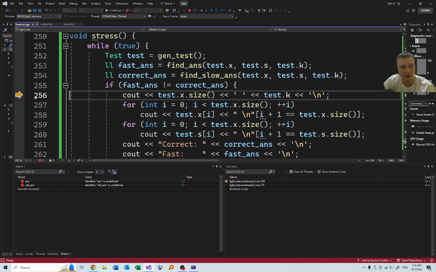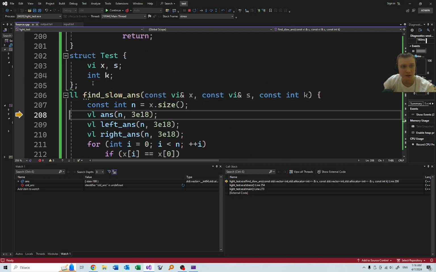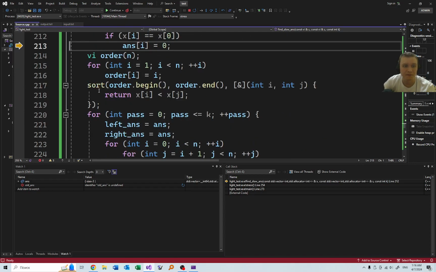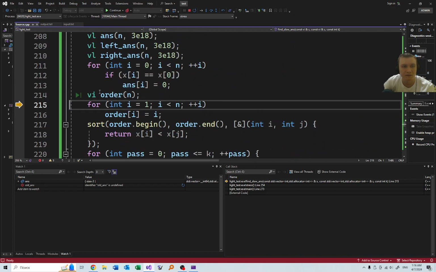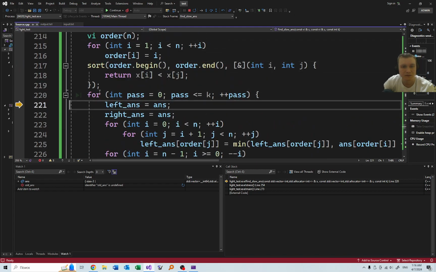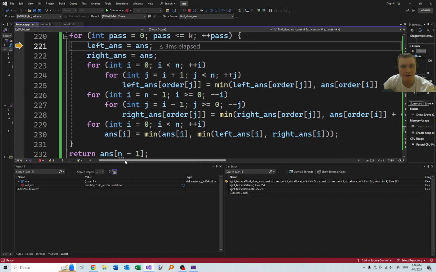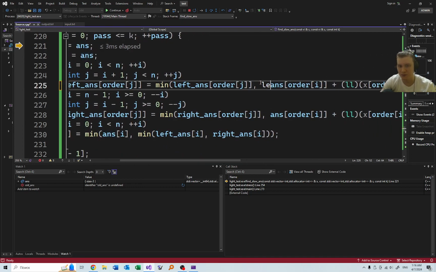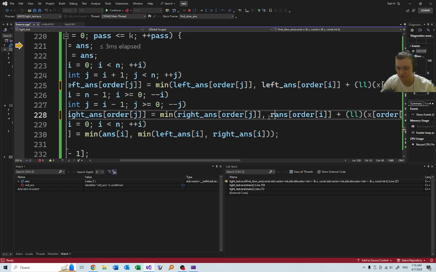It still says that the answer is 6. Why are you doing this? Because I need to put here left answer maybe.